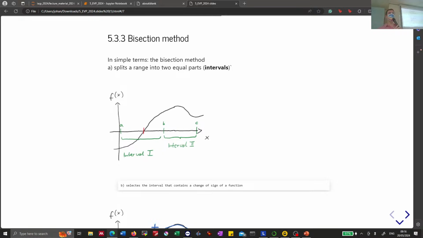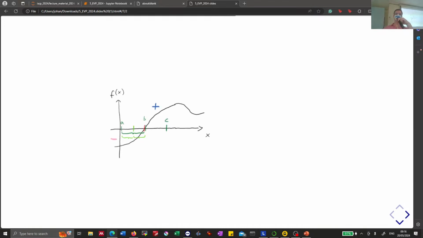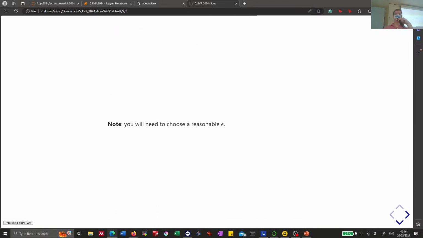We split the interval in half, and we do so until we reach a required accuracy. So far, so good? So what you need to do is you need to choose a reasonable size of your epsilon, where the epsilon is the solution accuracy. Because whatever we do in the bisection method, we don't define a point, we define an interval from A to B.